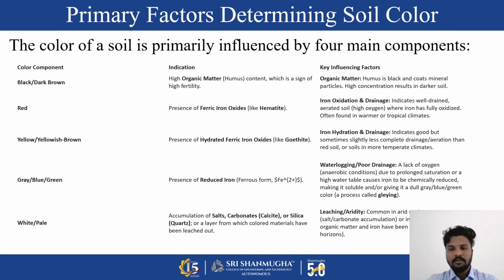You can see the different colored soils and their properties and what the agents are that give the color to the soil. The first one is the black or dark brown soil. This soil has high organic matter, I mean humus content, which signifies high fertility.